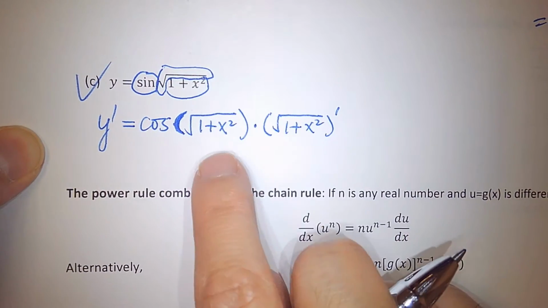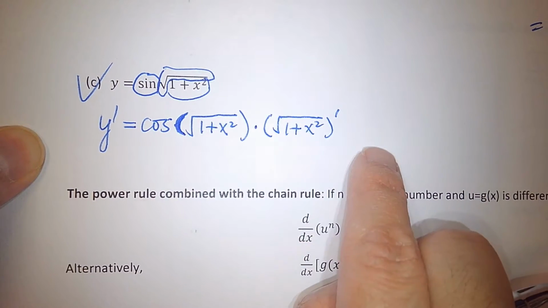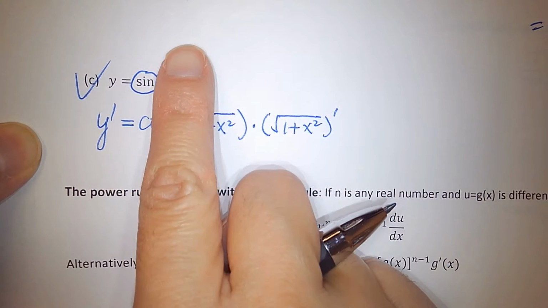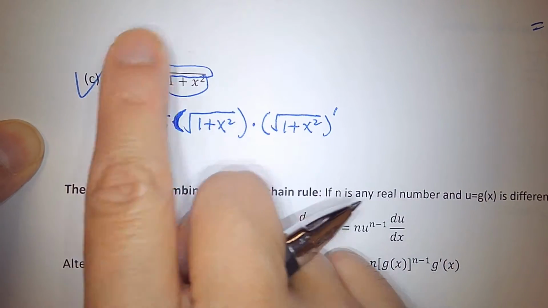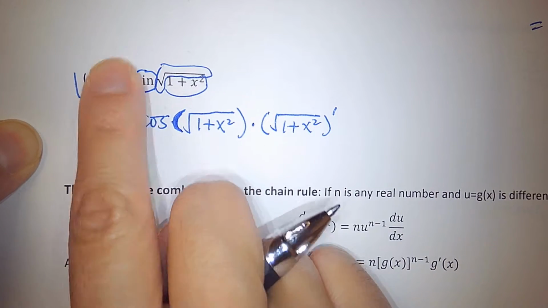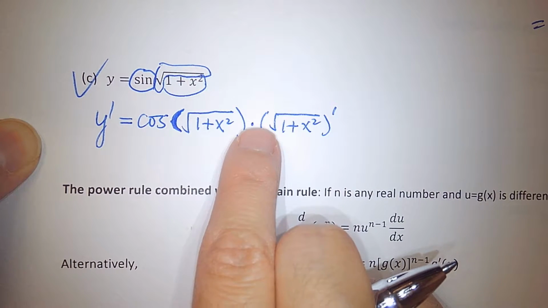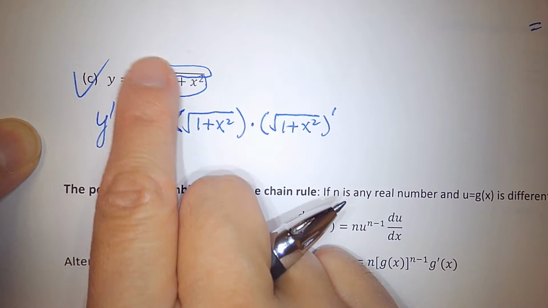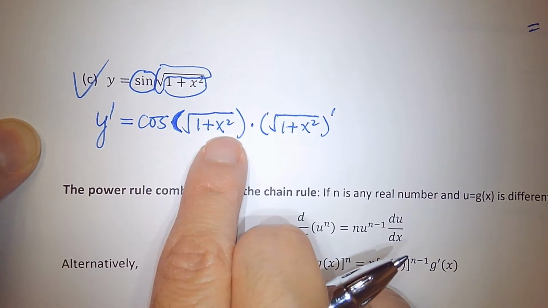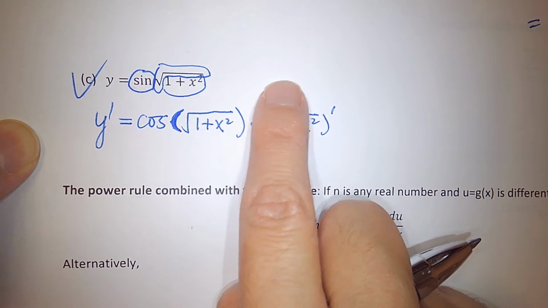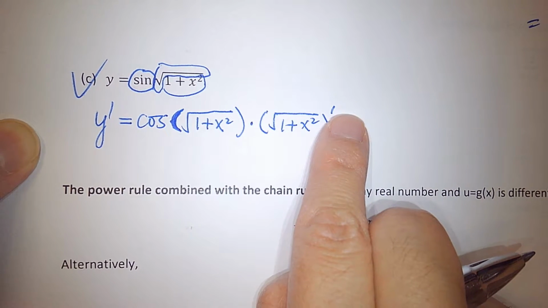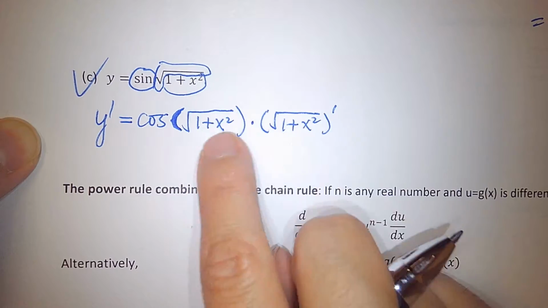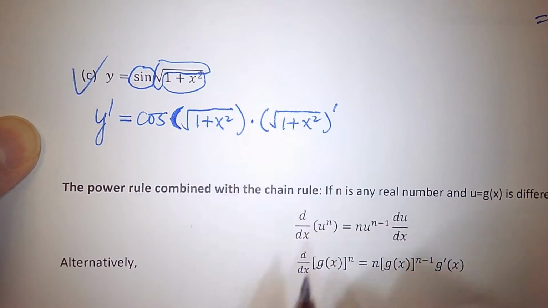Eventually you'll see three factors in the product, okay? But right now, let's consider the sine function the outer one, and everything else the inner one. So by using the chain rule, it is going to be a product of the derivative of the sine function, which is cosine of whatever is left, times the derivative of whatever is left, right? Do you see that? So far only two factors, okay?